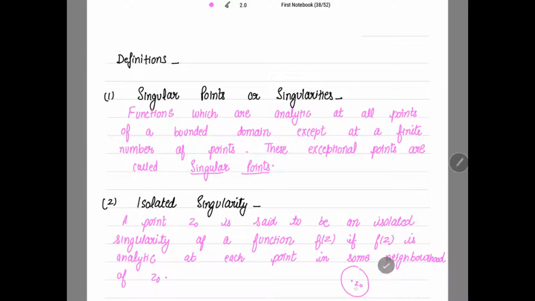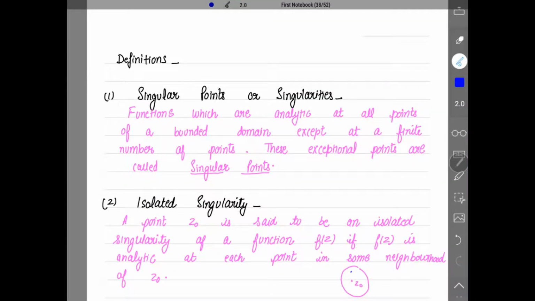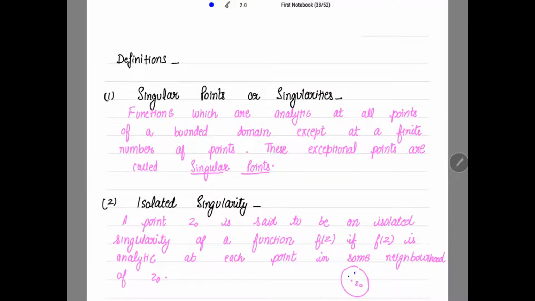Now this z0 is said to be an isolated singularity if the function is analytic at all points of its neighborhood except z0. Suppose at this blue point, the function is analytic. Actually at all the points of the neighborhood the function is analytic except z0.